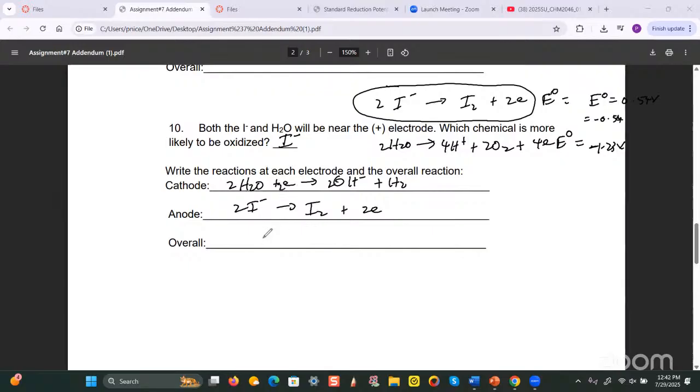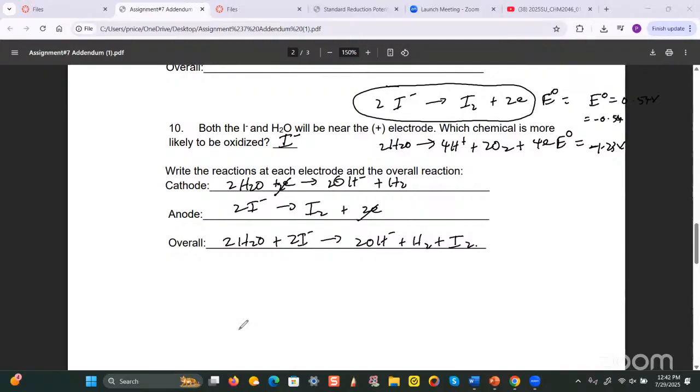Gonna need 2 electrons here, right? So when we add these two, what will be the result? The electrons will cancel out, so you'll be left with what? 2H2O plus 2I minus to give 2OH minus plus H2 plus I2. And that would be the overall equation for that particular electrolytic cell. All right? Any questions about that?